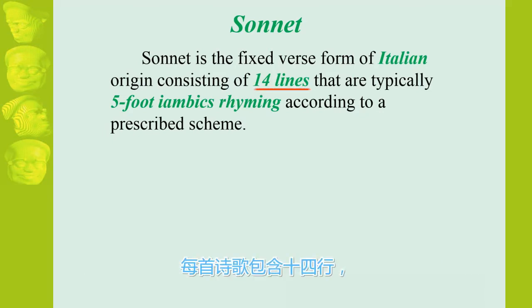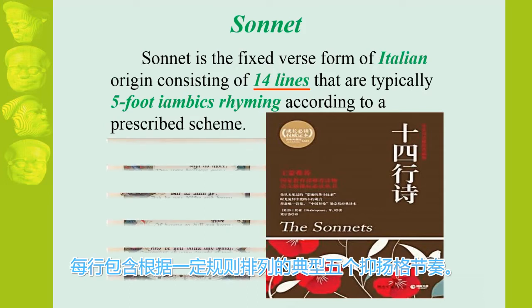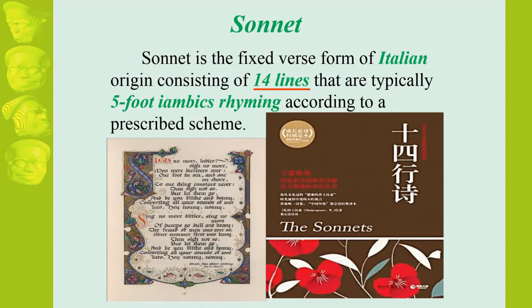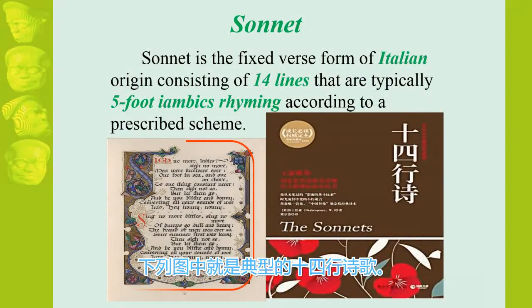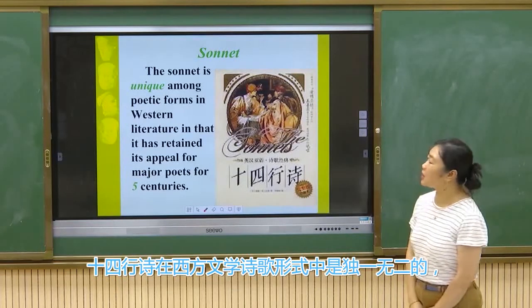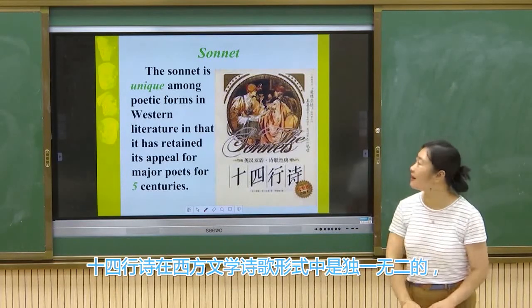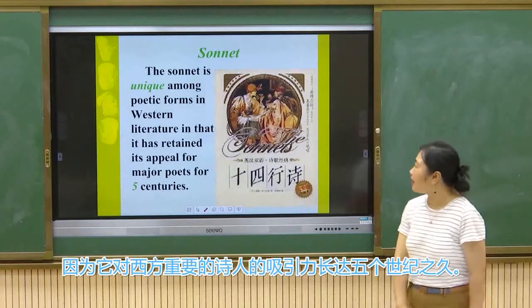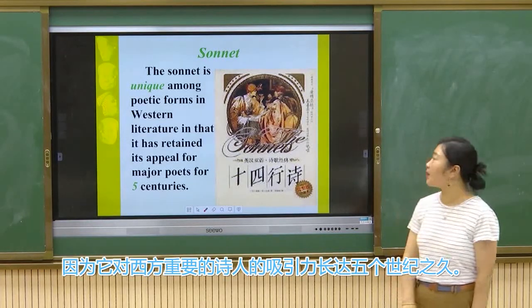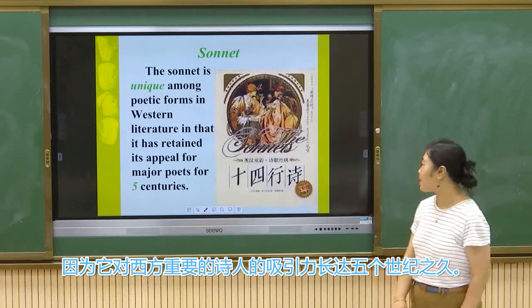That is what we say, 14行诗, that are typically 5-foot iambics, rhyming according to a prescribed scheme. This is a typical sonnet. And the sonnet is unique among poetic forms in Western literature, in that it has retained its appeal for major poets for 5 centuries.